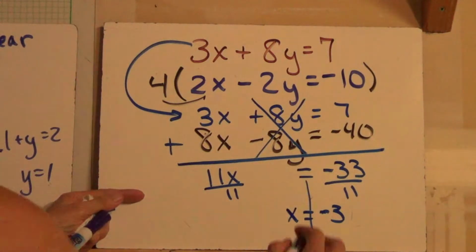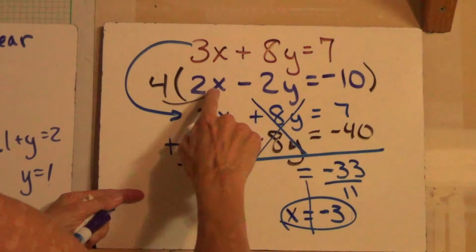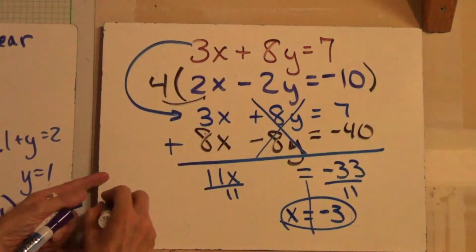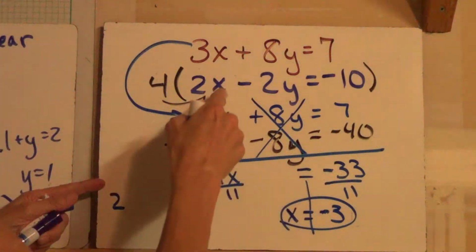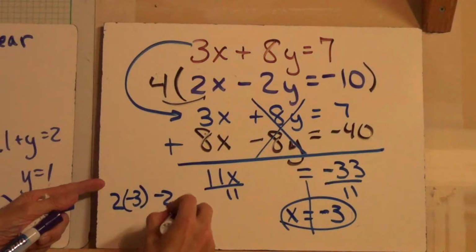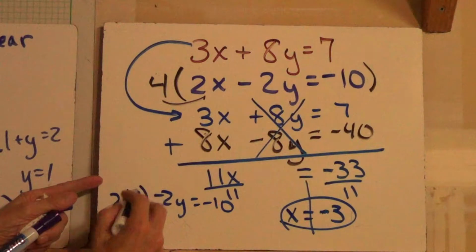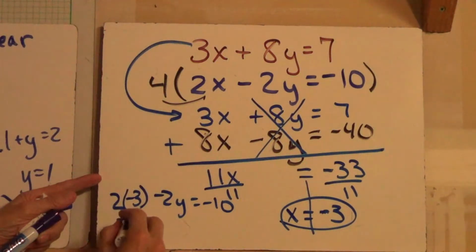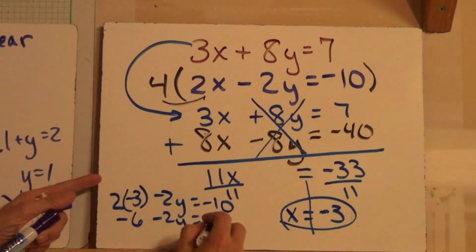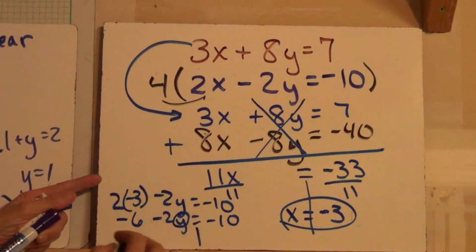Okay? Now, just plug that x value into one of these original equations. I'll go with the 2x minus 2y equals negative 10. So I go 2, plug the negative 3 in for x, times negative 3, minus 2y equals negative 10. 2 times negative 3 is negative 6, minus 2y equals negative 10. Circle this one. Draw your line. You've got a negative 6.